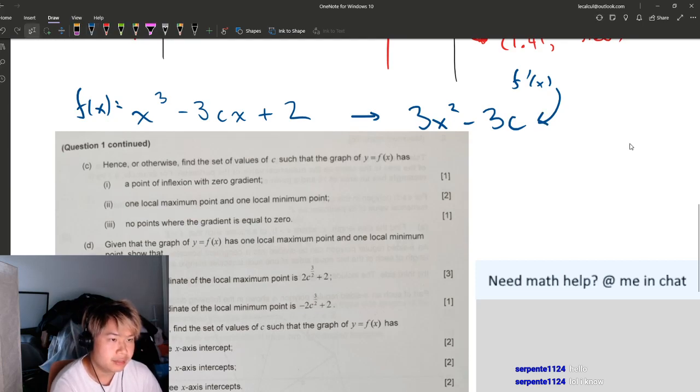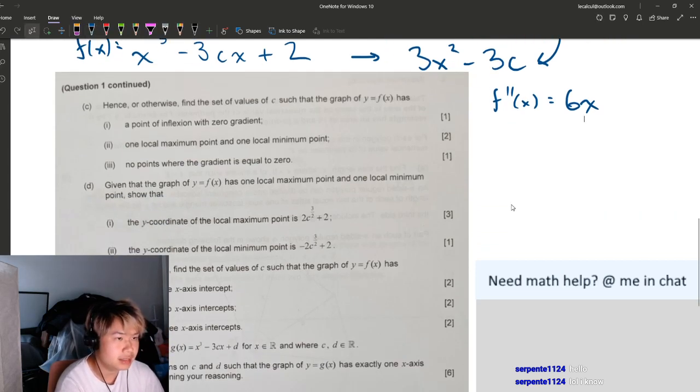Okay. If we were to take the second derivative, then this is going to become just 6x, because I forget that this is a constant, 3c, because I'm taking the derivative with respect to x. My bad. Okay, so for this to be equal to 0 means that x is 0, which means that we have negative 3c is equal to 0.